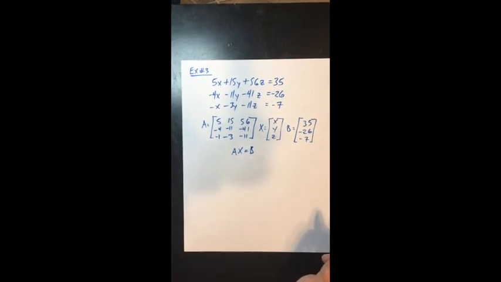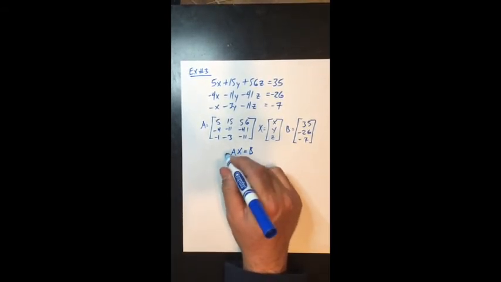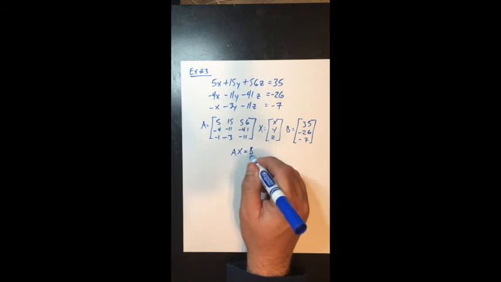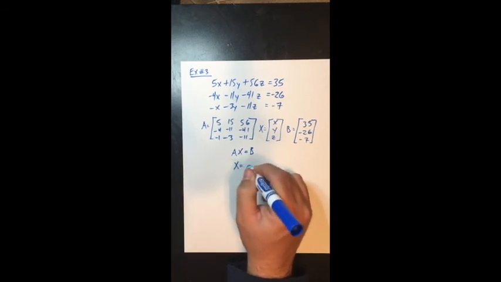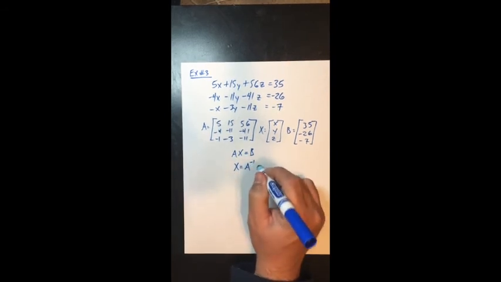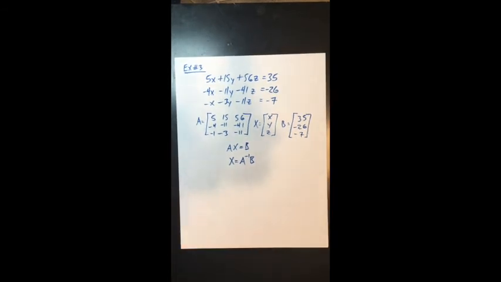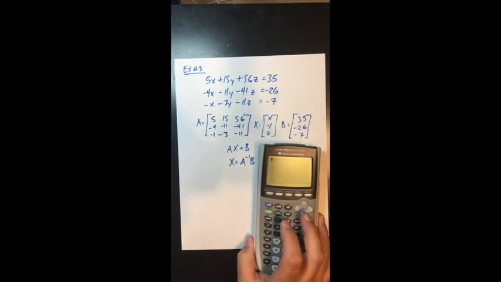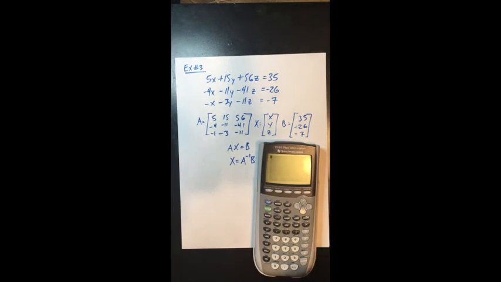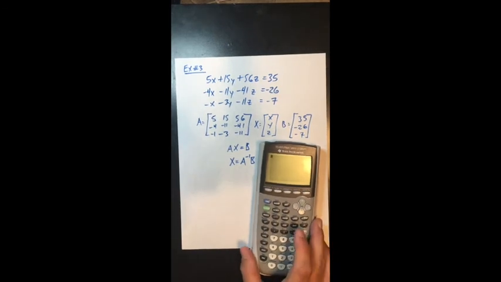This is still AX equals B, and multiplying both sides by the inverse and simplifying, we're again going to get X equals A inverse B. So that's pretty universal, and you do not need to write out the matrix equation every time and solve for X, because it's pretty consistent.